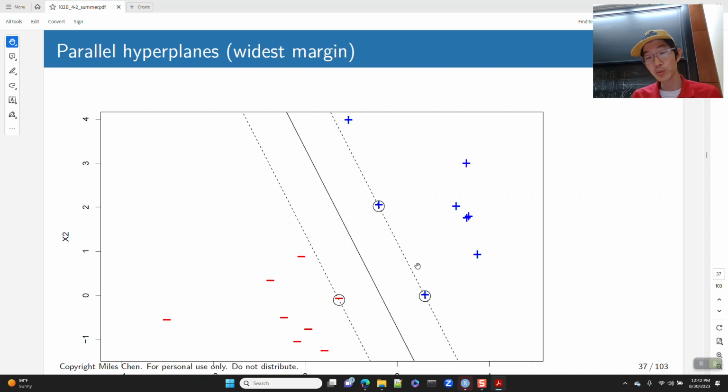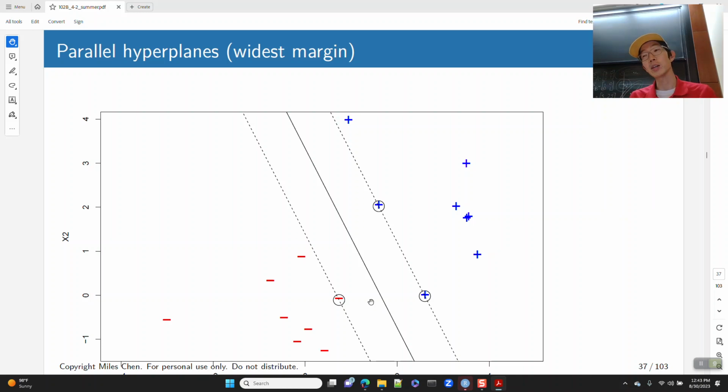You can put points really close to the boundary out here. It's not going to affect the location of the boundary. You can put more red points over here. It's not going to affect the location of the boundary. You can take away any of these points. As long as you don't touch these 3 points, or you don't put any points closer to the boundary than these 3 points, then these 3 points will define the boundary.